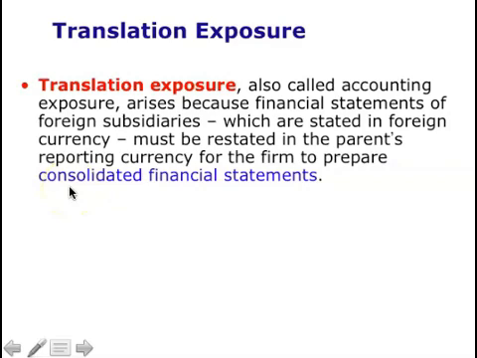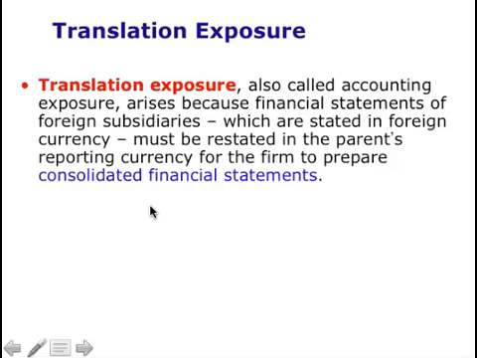And since exchange rates change over time, the translation of the subsidiary financial statements into a different currency is affected by exchange rate movement. So in preparing the consolidated financial statements, it's not that straightforward, because you need to convert foreign currency into the domestic currency, into the same currency.